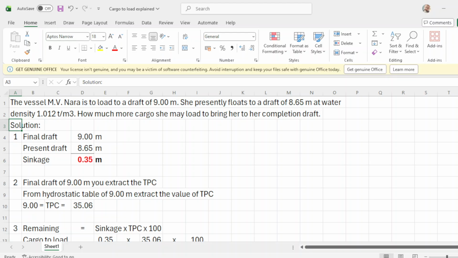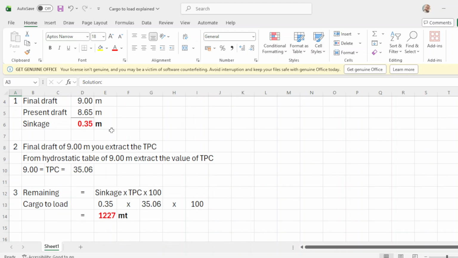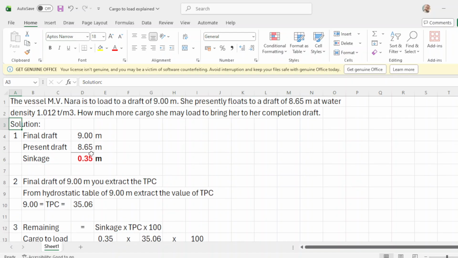Assuming a final draft of 9.09 meters, the density for this one will also be 1.012. I think you will agree with me.